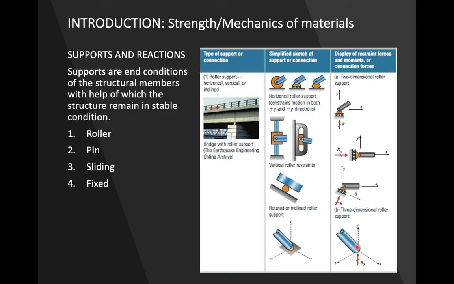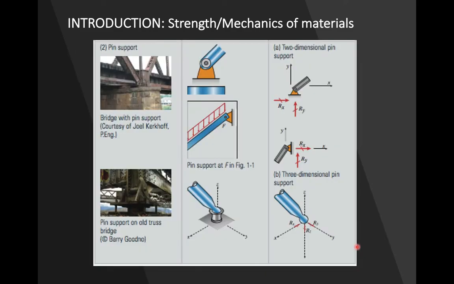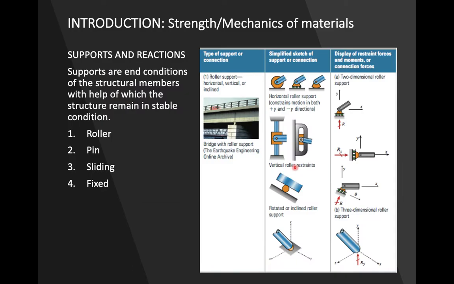Different types of supports are there, so they provide constraints in different directions, in translational as well as in rotational. Sir, this roller support for the bridge, is it fixed between the beam and the pier?